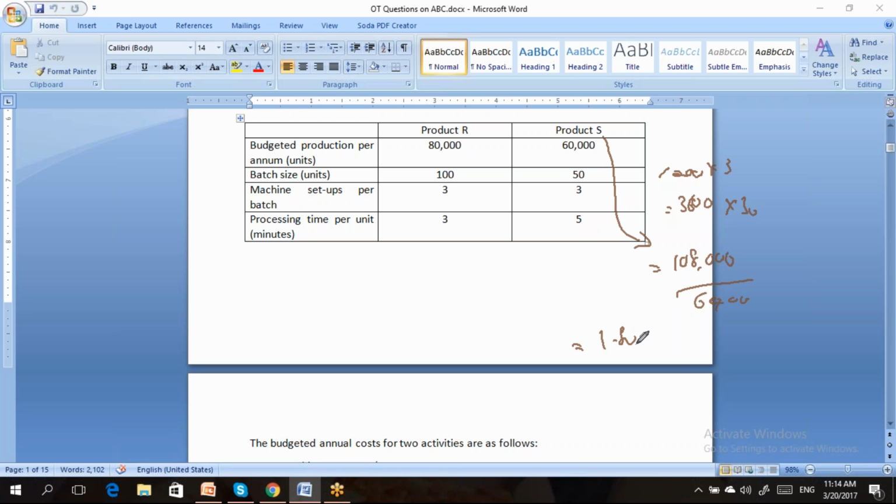We can directly divide it by 50, the batch size. Very correct, because per batch there are 3 setups. So 30 into 3 is 90, and 90 divided by 50, you can get it.